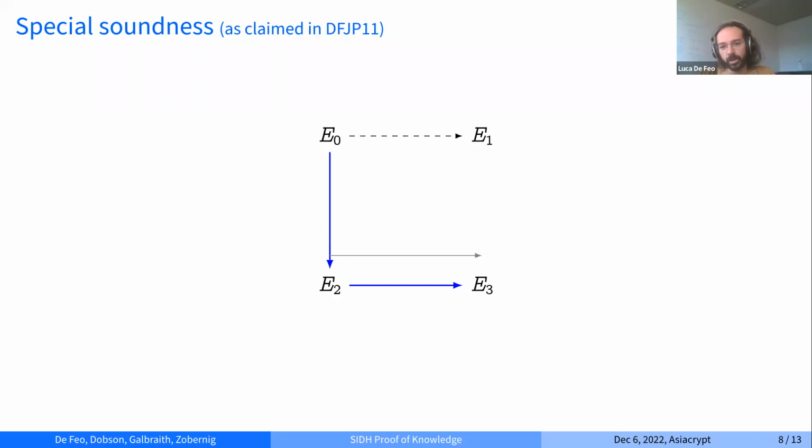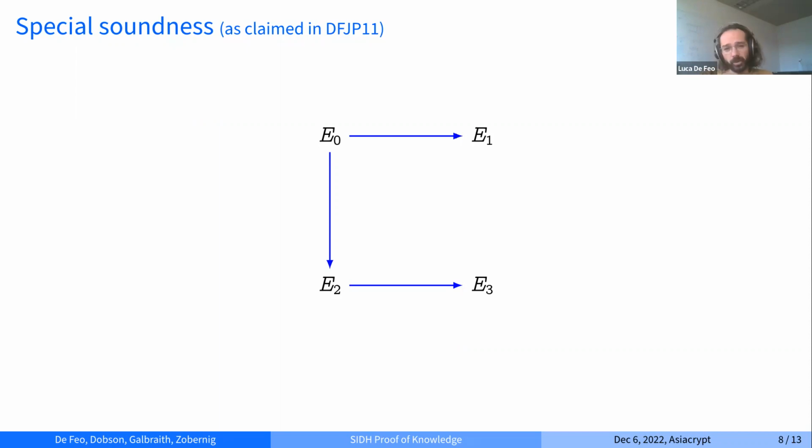And then I can pull back the isogeny from E2 to E3 along the isogeny from E0 to E2, and then I will recompute the secret isogeny. So from just 2 correct answers, I can clearly extract the secret isogeny. The same would work if instead of the one from E0 to E2, I had the isogeny from E1 to E3. The only one that doesn't work is having the two parallel isogenies that go from E0 and E1 to E2 and E3.